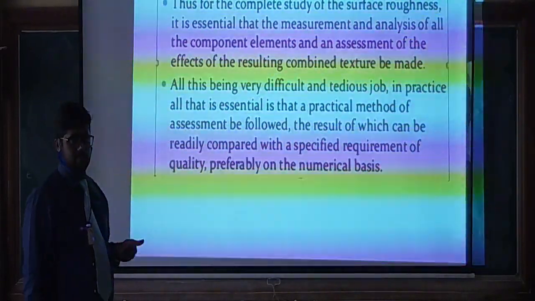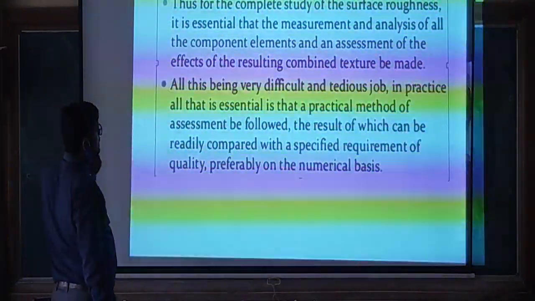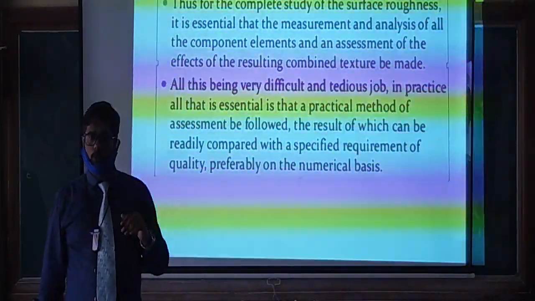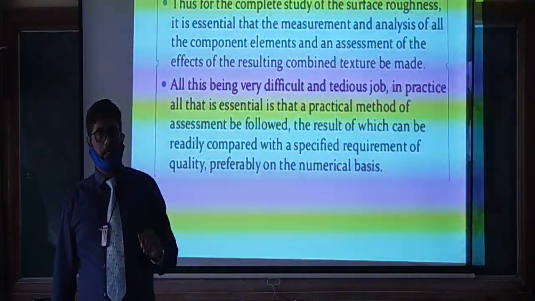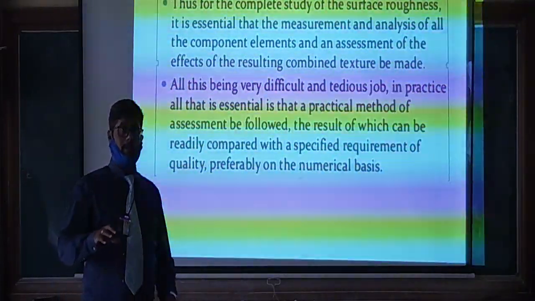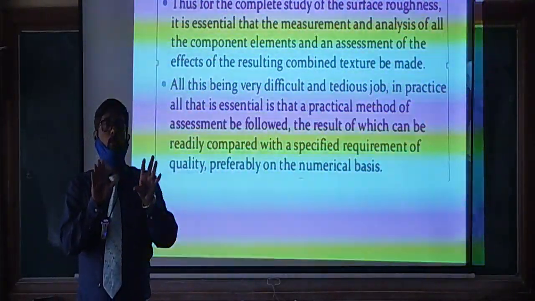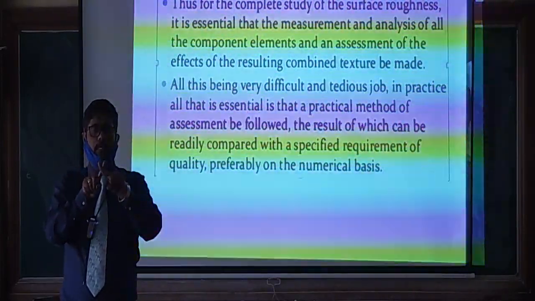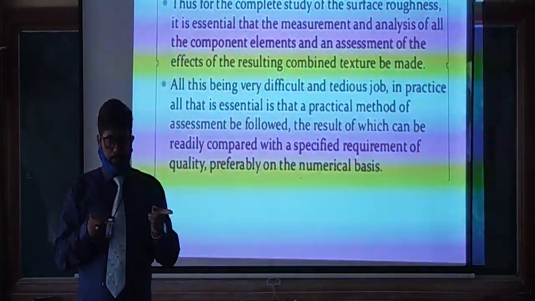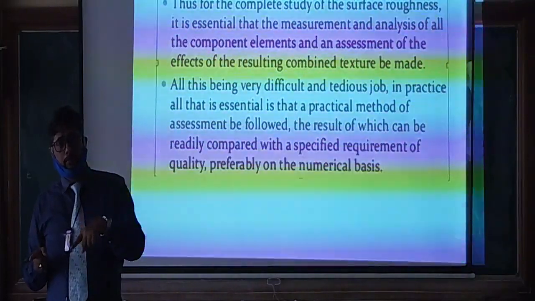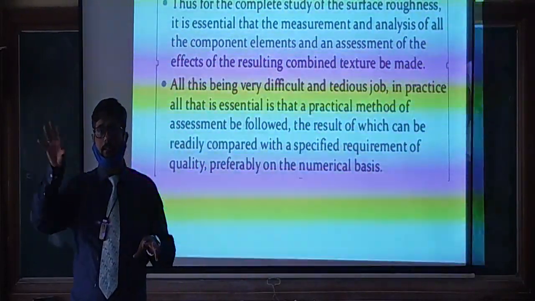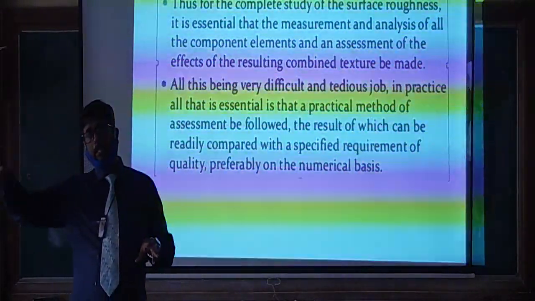There is the individual, parametric effect: which parameter is affecting the roughness value more, whether it is cutting speed, feed, or depth of cut, or cutting speed and feed both. Or it is the interaction of cutting speed and feed, or of cutting speed, feed, and depth of cut, or cutting speed and depth of cut, which interaction is significantly affecting the surface roughness value.